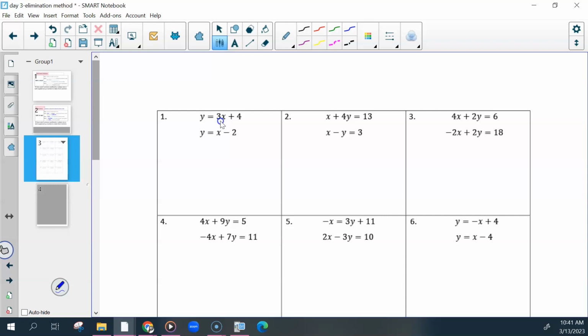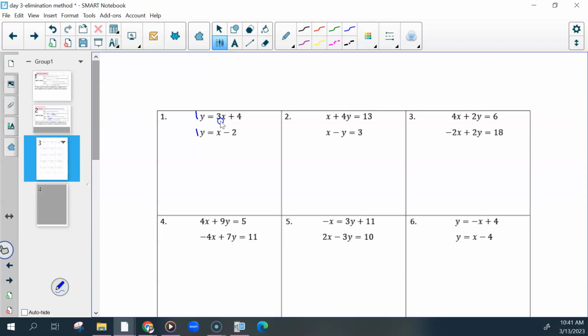One. So they both have a 1. Whichever one has the same coefficient, that's what we're going to eliminate. What does eliminate mean? Get rid of. So we're going to get rid of the y's.